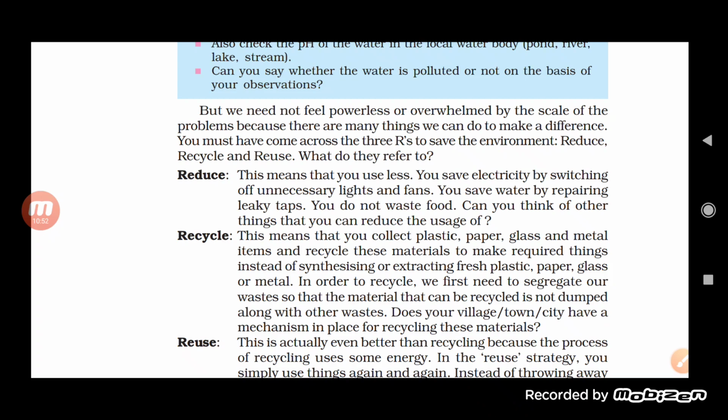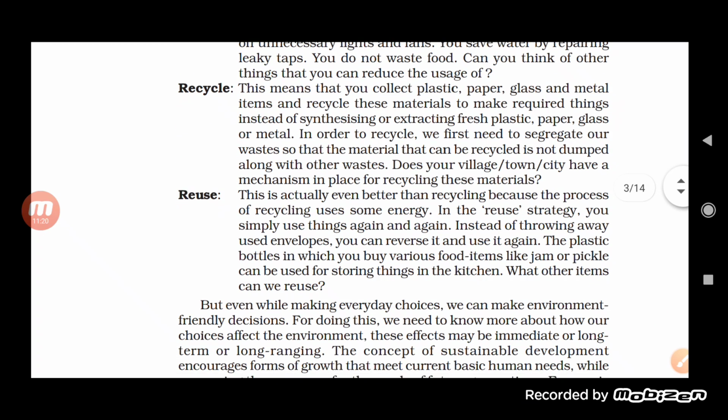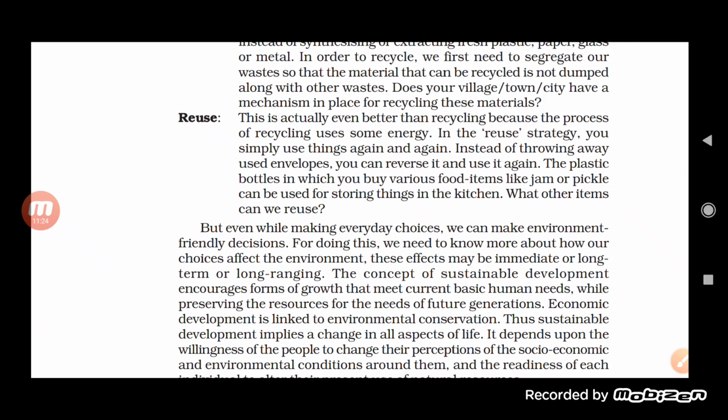Like glass and metal items: when given to the industry, they get segregated, then recycled, and after recycling launched into the market again. So the second thing is that instead of throwing it, we can give it to industries, and there it will be recycled. And finally, reuse. Actually, this is much better than recycling.